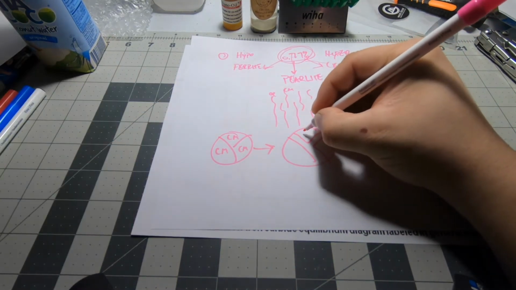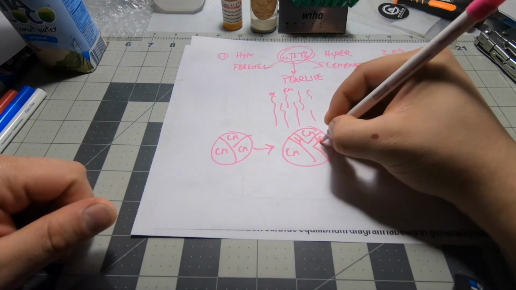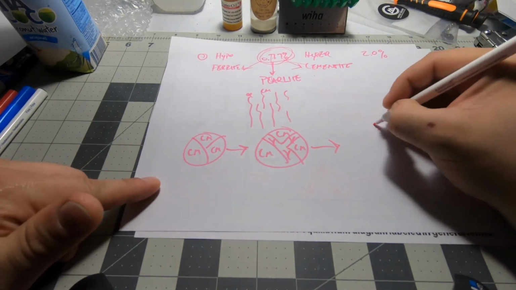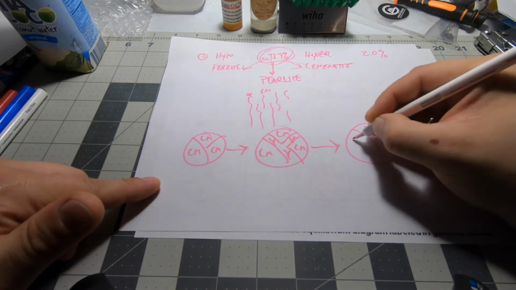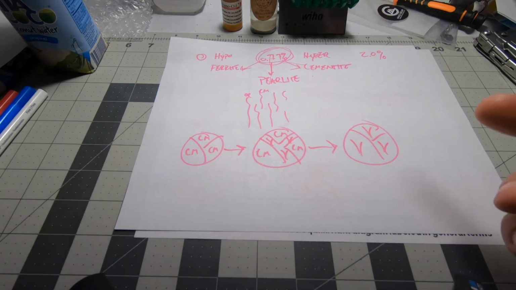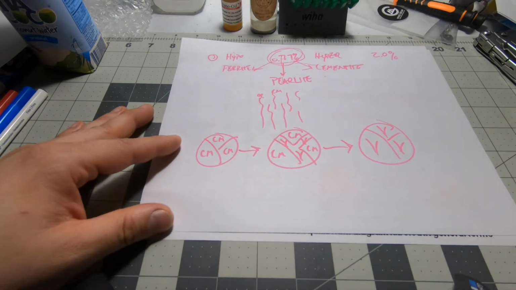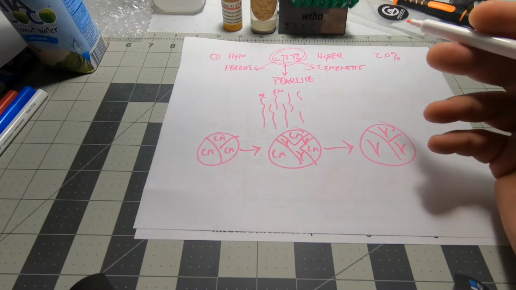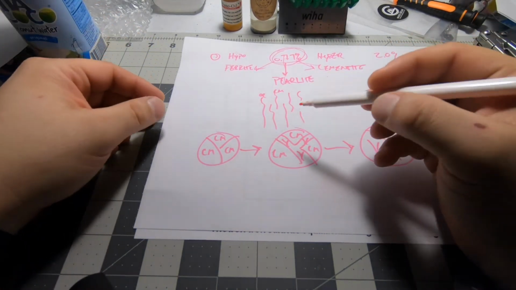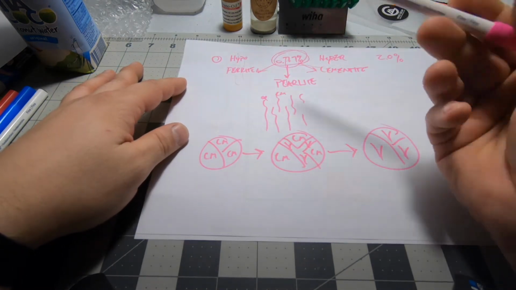So it's going to be CM, CM, CM. Then we get our gamma, and we're heating up, and then we're getting full gamma. That's another phase. All right? So three phases: ferrite, austenite, cementite. So once you cool it, a hypo cools to ferrite, okay?